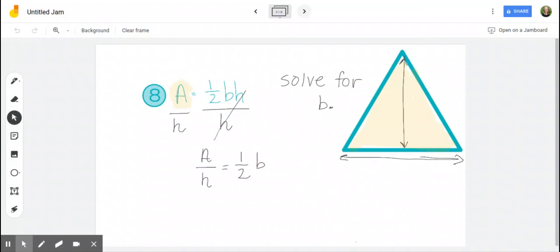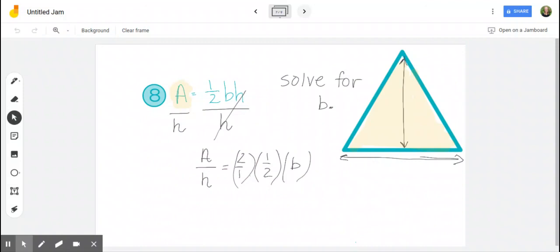All right. So I'm going to multiply both sides by 2/1. Or if it helps you, if you want to put that 2/1 right next to the 1/2, you can. Okay.